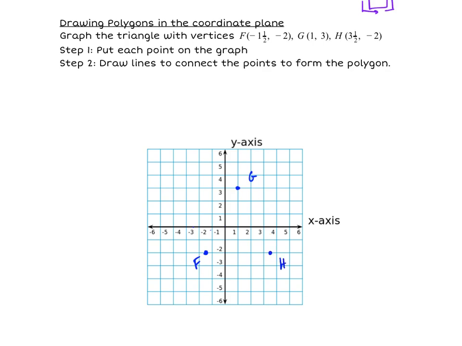So there's point H. And it says, draw lines to connect the points to form the polygon. It's always good to go in the order that they gave you, and also use a straight edge when possible.